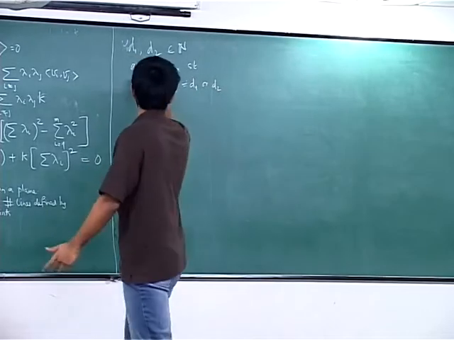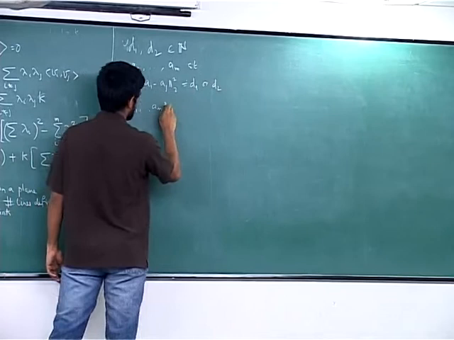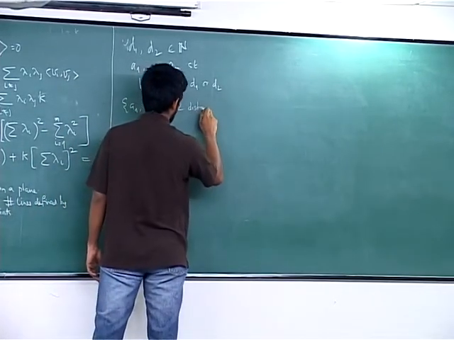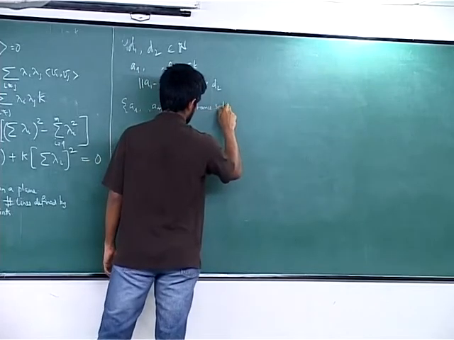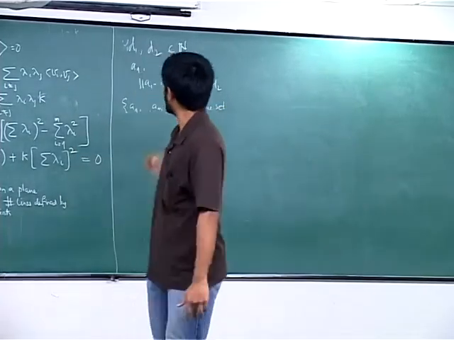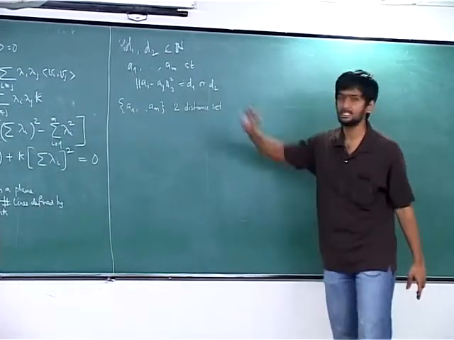I'll call this set a1 to am a two distance set. So what is the maximum number of points I can pick such that this condition is satisfied?